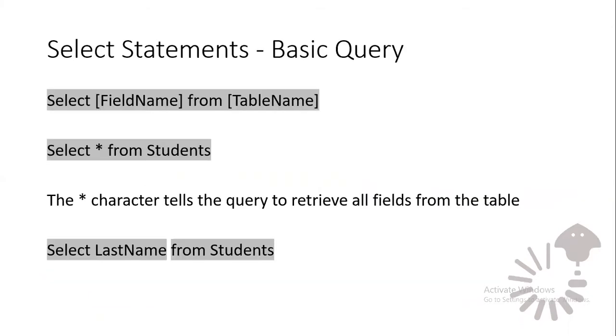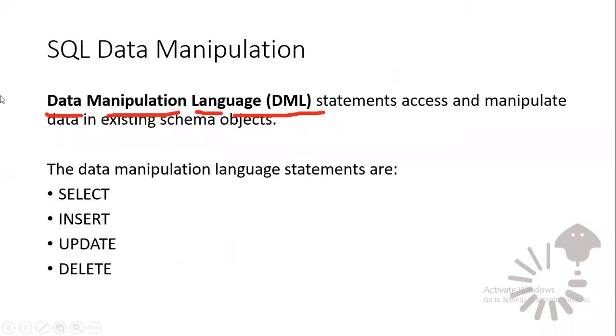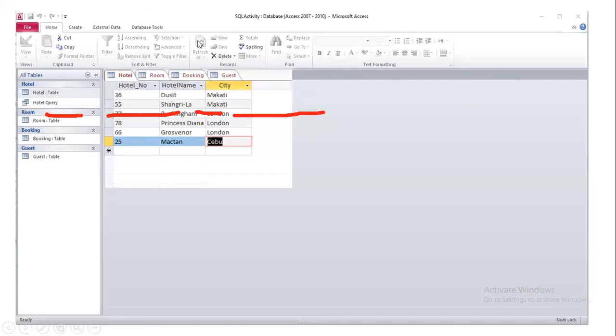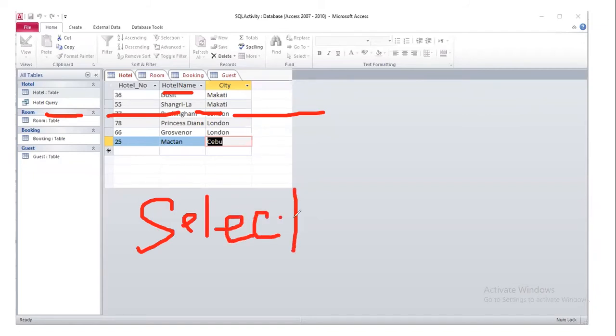Syntax. You have the select keyword followed by the field name, followed by from, the from clause or the from keyword, followed by the table name. So doon sa kanina natin, if I'm gonna be using example here, select keyword, followed by the field name.